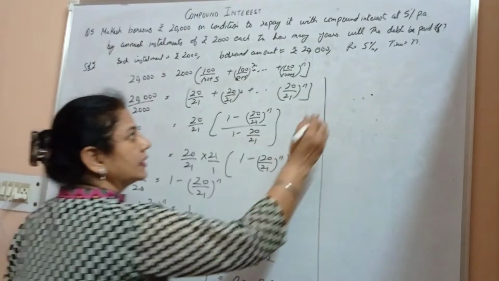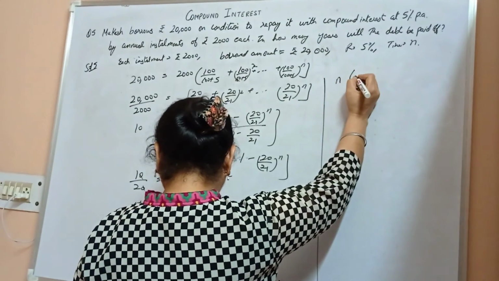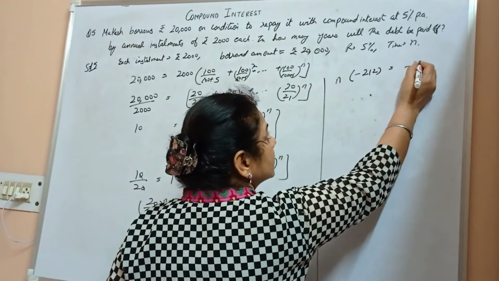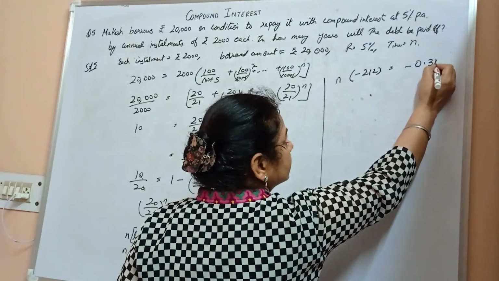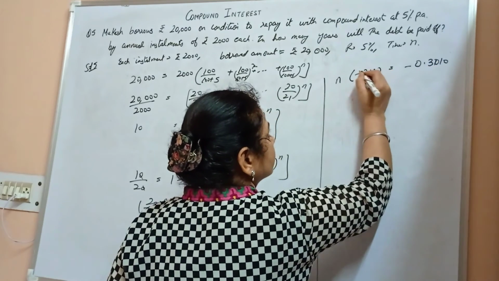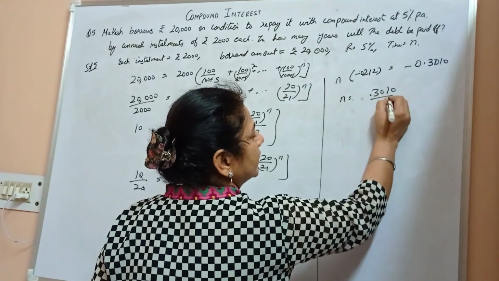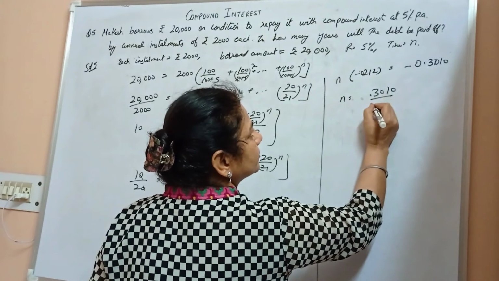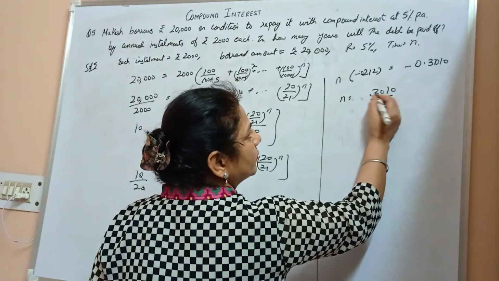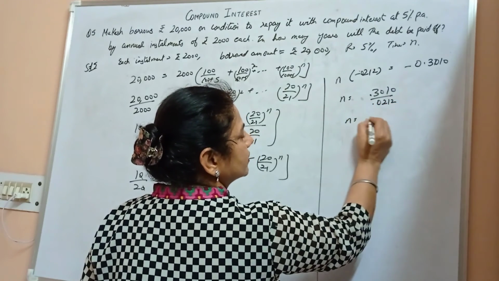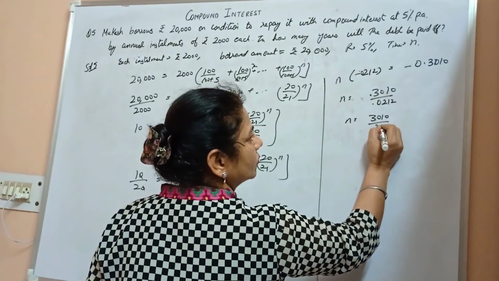On subtracting this, you will get n times minus 0.0212 is equal to minus 0.3010. So you will have n equal to 0.3010 divided by 0.0212, that is 3010 divided by 212.